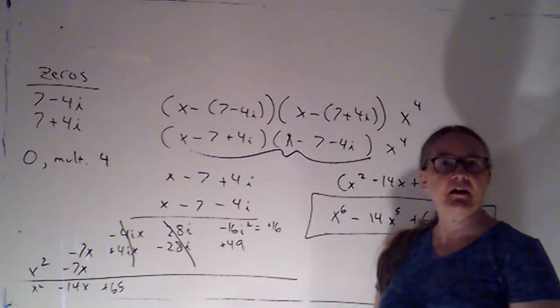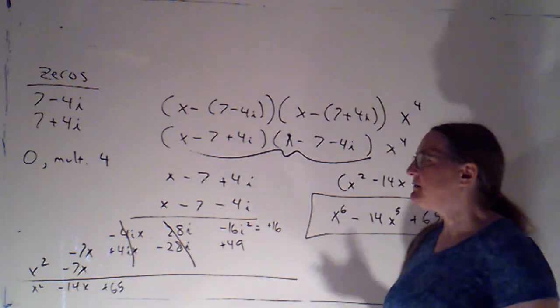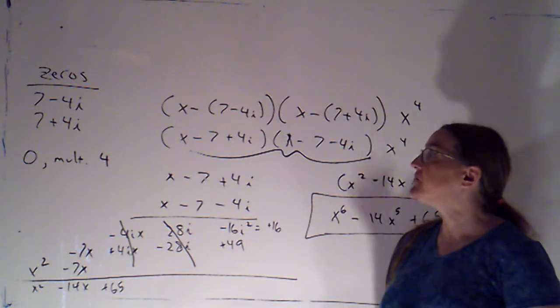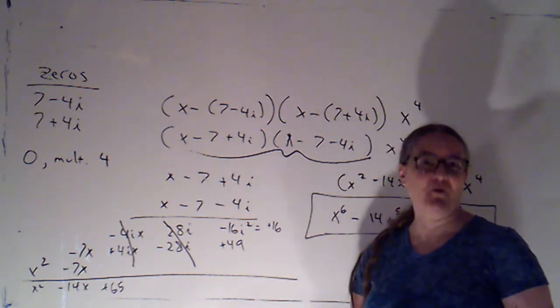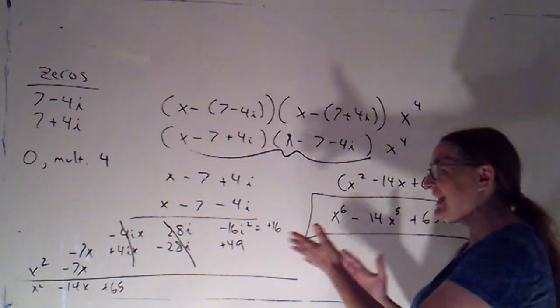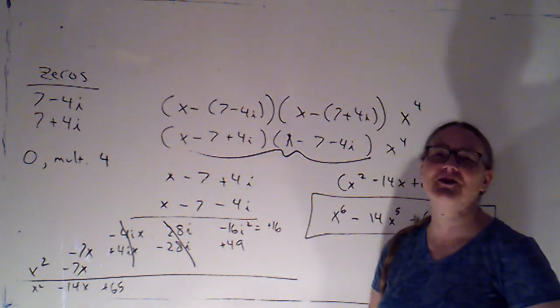It would basically allow you to strategize to say, I'm not going to bother checking these ones. But I don't think it's necessary to know that. So you're not responsible for it, but I did want to point out that it is in the book, and some of you might find it's worth learning because it can help you eliminate some of the error in the trial and error when you're trying your rational zeros.